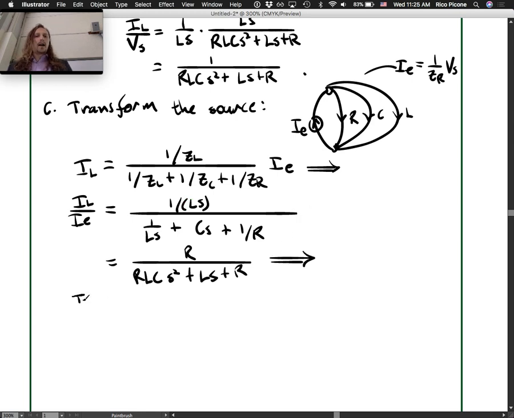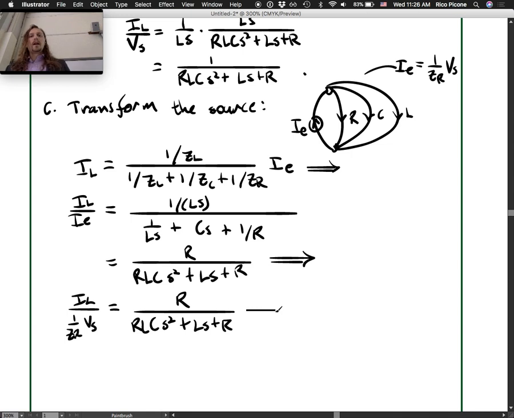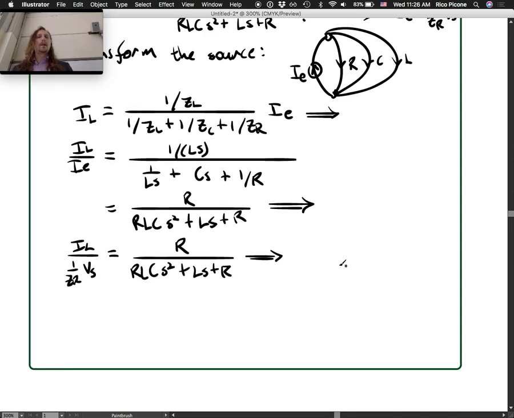So we get IL over, plugging in IE equals 1 over ZR times VS, equals the same thing, right? R over RLCS squared plus LS plus R. And the left-hand side, multiply both sides by 1 over ZR, which is just 1 over R, right?